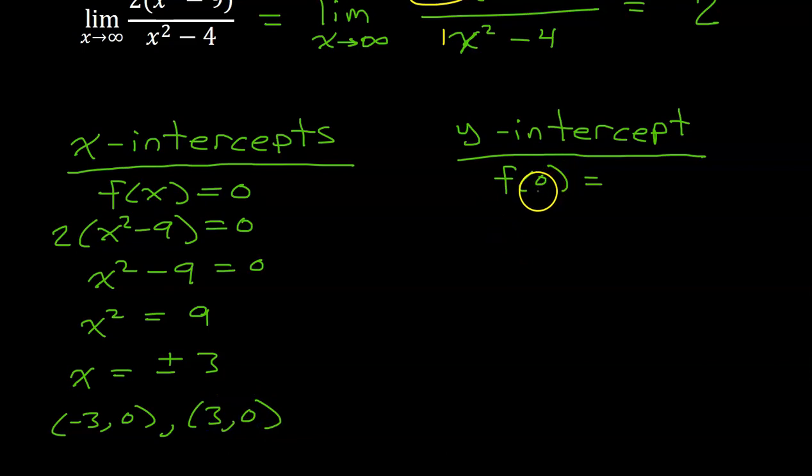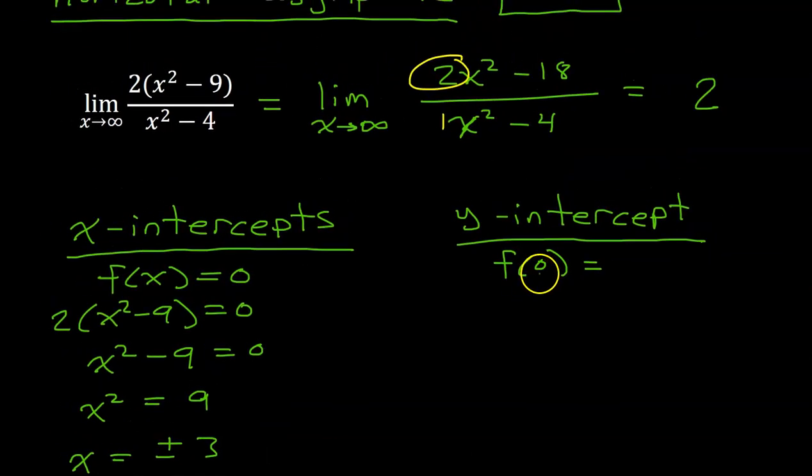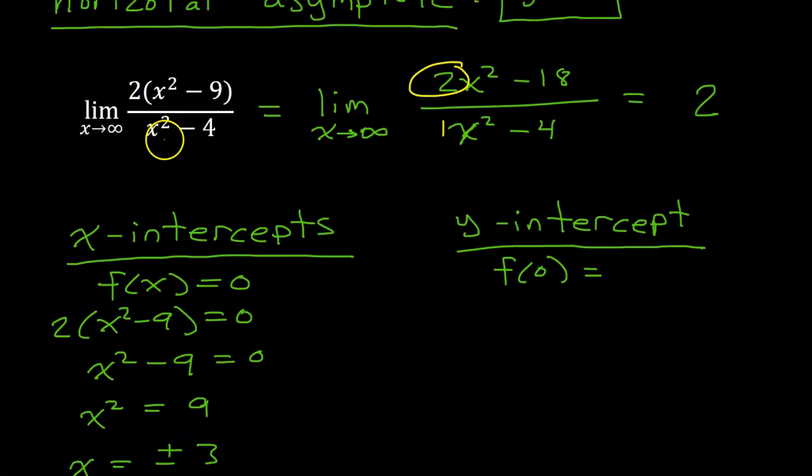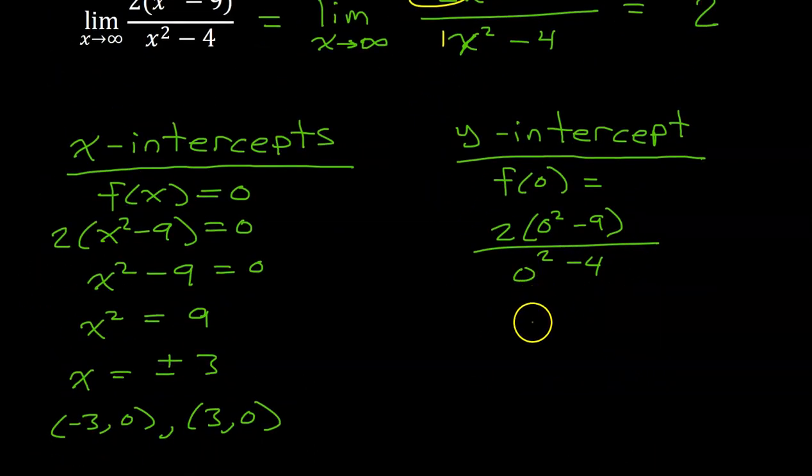For the y-intercept, we evaluate the function at an x value of 0, or in other words, we let x equal 0. So if we do that, we're going to get 2 times 0 squared minus 9 over 0 squared minus 4. So that's just going to be 2 times negative 9 divided by negative 4.